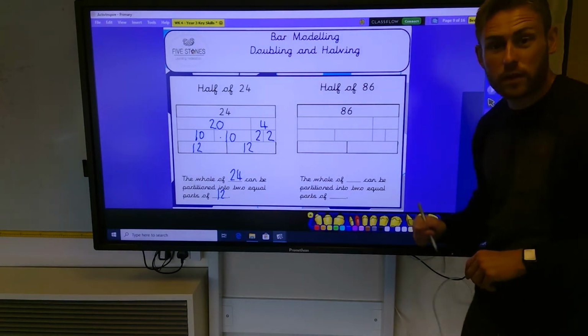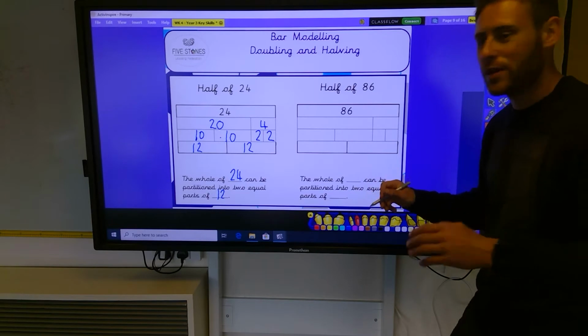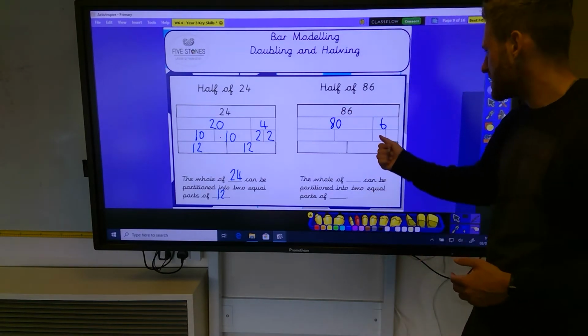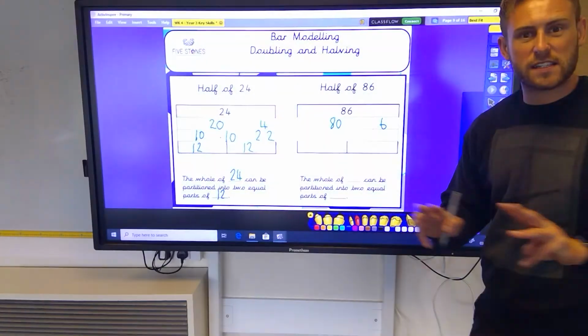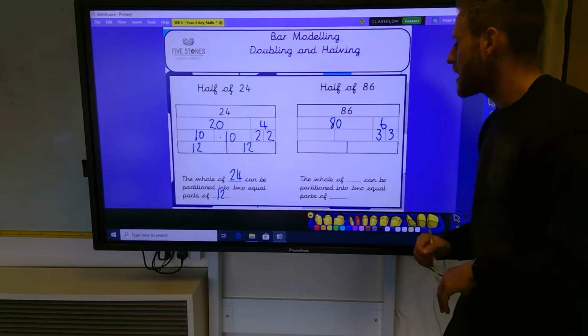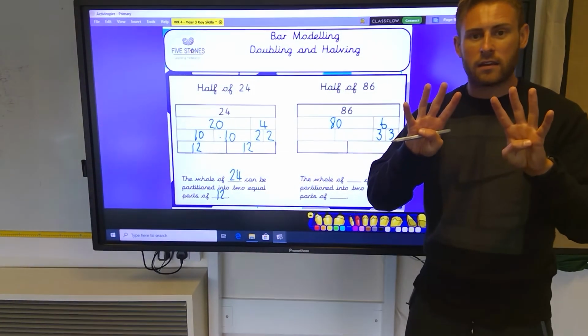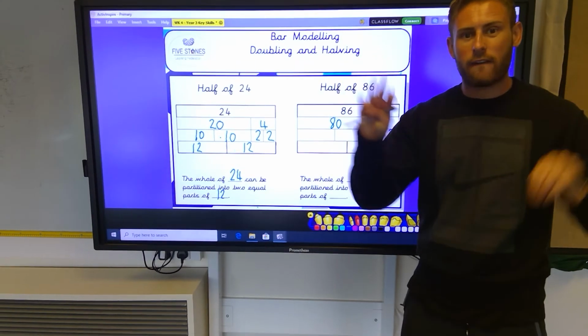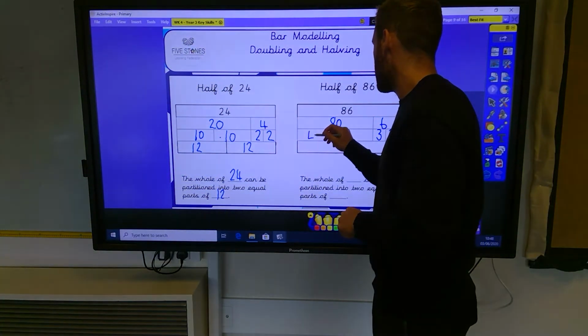Great, fantastic. Hopefully we partitioned 86 into 80 and 6. Let's start with 6. Half of 6 is 3. We know that, we've practiced that many a time. And half of 80, so half of 8 tens, we can see how 8 tens is 4 tens, and 4 tens is 40.